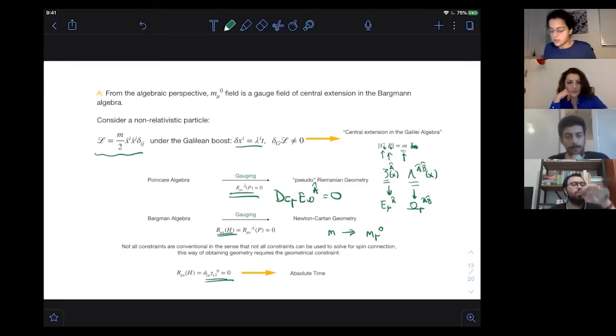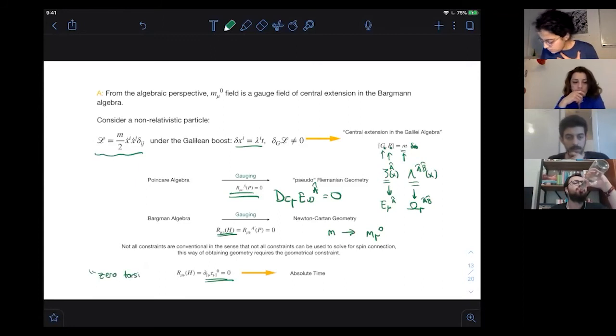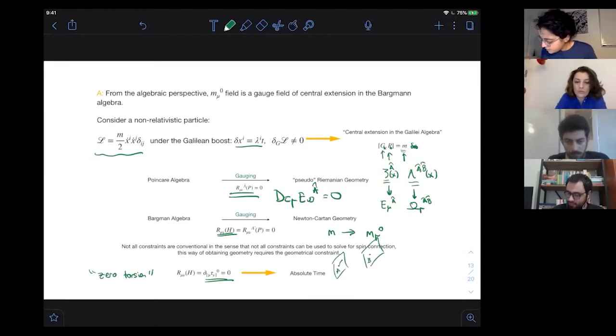You should take it. That is known as zero torsion. I will come to that point later. But the zero torsion actually brings us absolute time. Because of this constraint, let's imagine some spatial hypersurfaces, and you want to calculate the time difference from point A to B. For that, you write down the integral of dx^mu tau_mu.